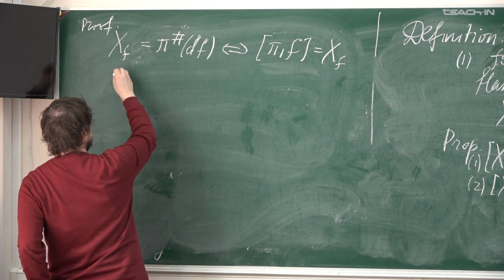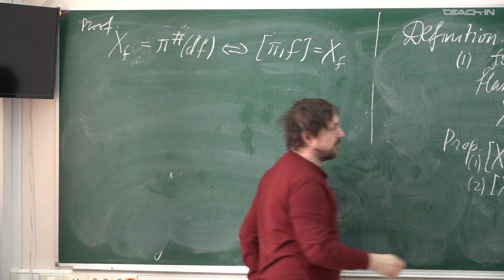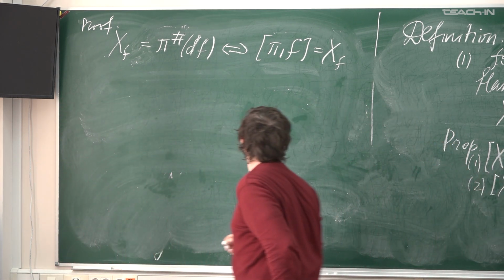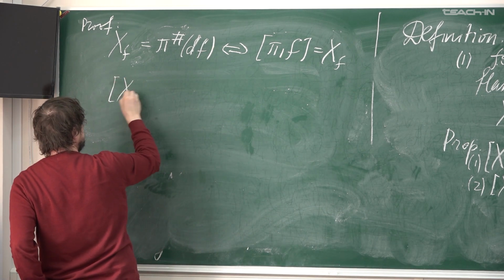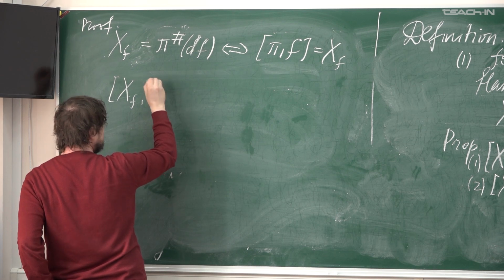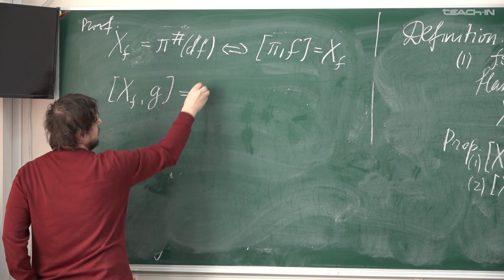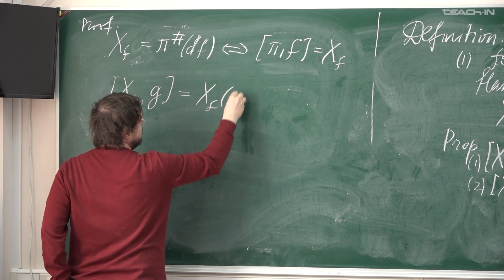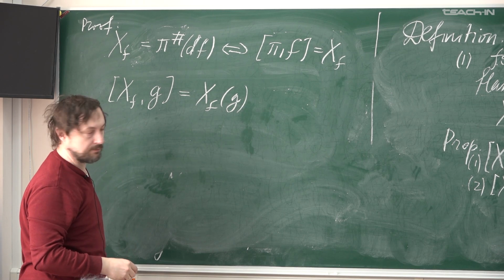So how do you do this? I just use this formula, right? So what do you have? By the properties of the Schouten bracket, this is equal to X f of g, right? By the properties of the Schouten bracket.